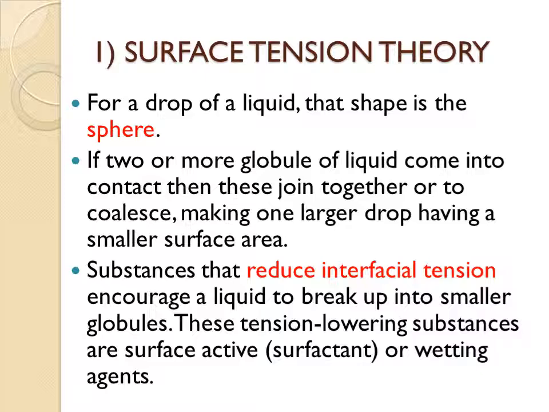So this is the simple surface tension theory: the agents we use act on the surface and cause a decrease in surface tension. When surface tension is decreased, the coalescence of the dispersed phase globules decreases, and we get the emulsion formed.